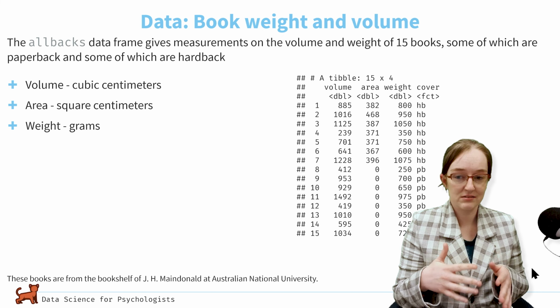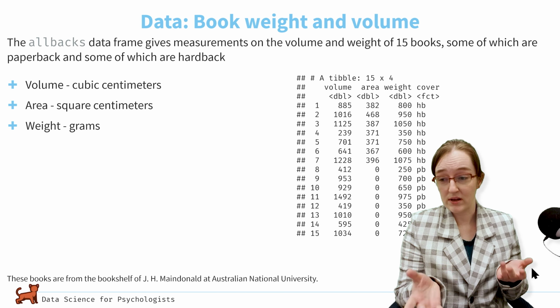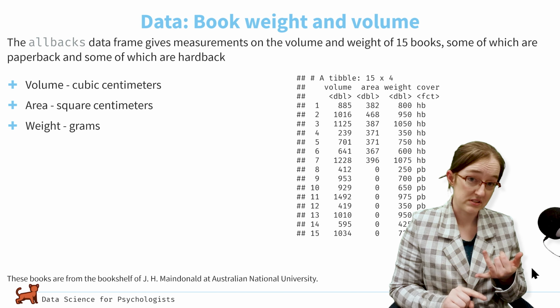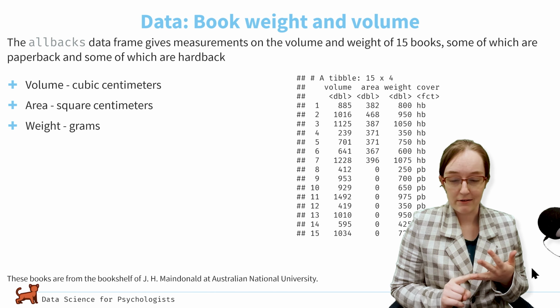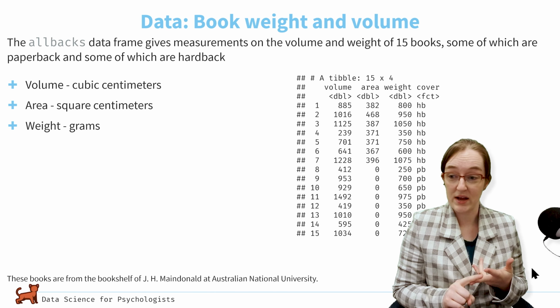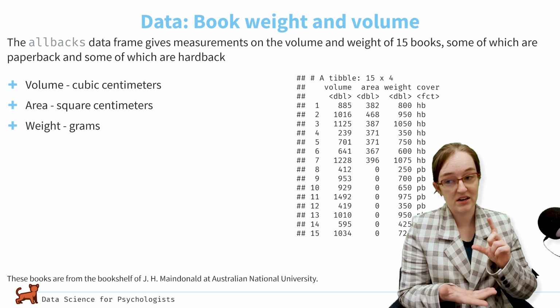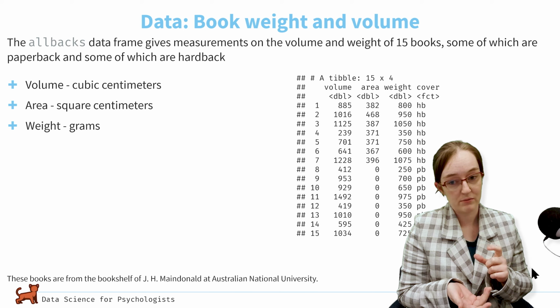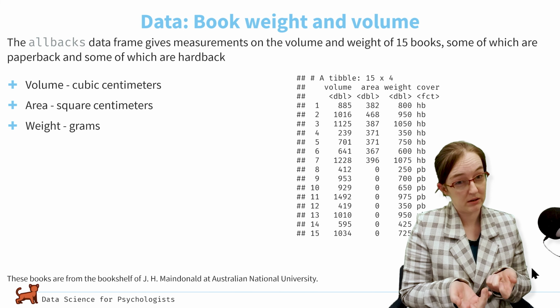It's a nice tiny little table with volume in cubic centimeters, because this is an Australian data set, area in square centimeters, and weight in grams. Ta-da! And there's a cover factor of HB, which is hardback, or PB, which is probably not peanut butter.